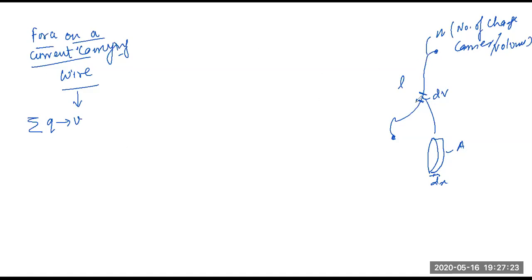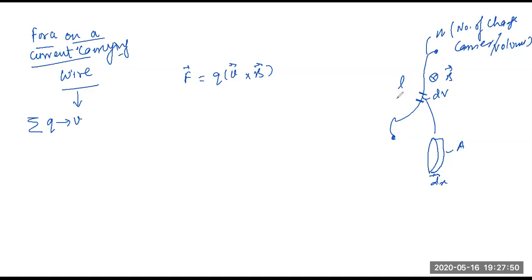So if I take this small segment and I want to find out the force on it, first of all I know that the formula is q v cross B. So I need to first have q. B is external, let's say there is some magnetic field because of some source magnet or something. Charges are moving with, of course, drift velocity.